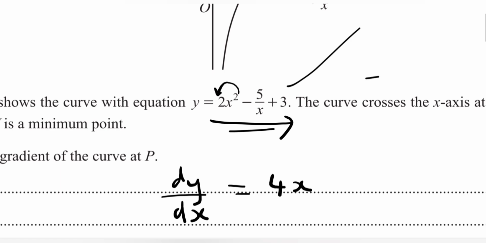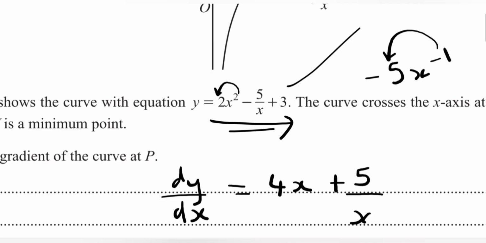And we know this is minus 5x to the power minus 1, right? So multiplying this minus 1 and this minus 5, we get a positive 5, but we subtract 1 from the power. Here we had minus 1, so subtracting 1, it will be x to the power minus 2, which is 5 over x squared, like this, right?